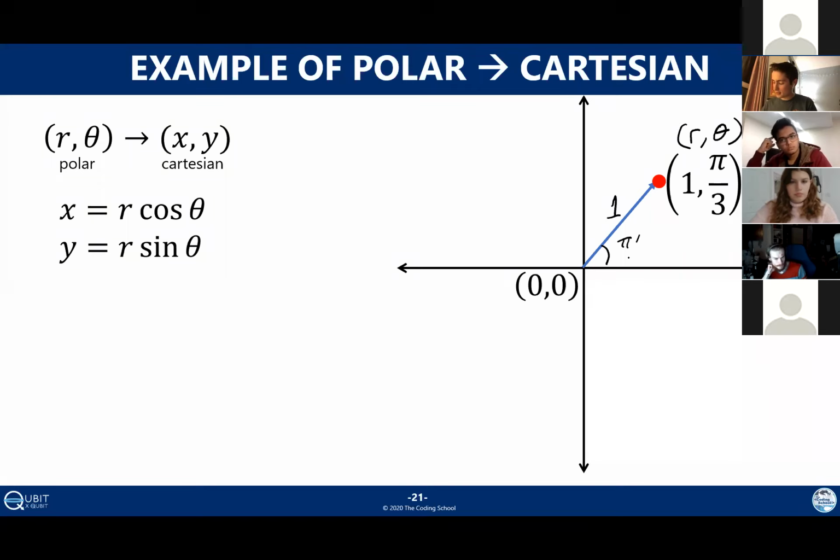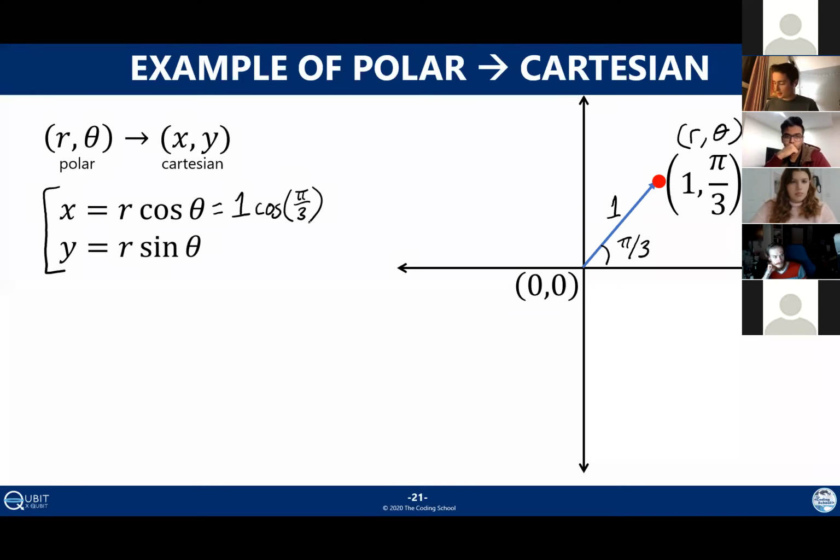Our theta down here is pi over 3. And we are asked to convert to the Cartesian coordinate system. I copied the two equations that we need right here, and so I'm just going to go ahead and plug this in. So x equals r cos theta. That's going to be 1 times cos pi over 3.